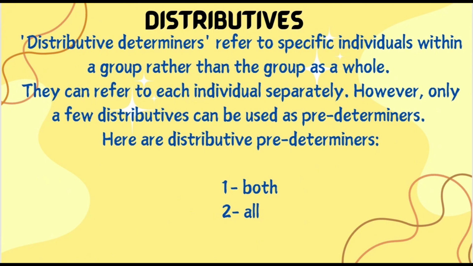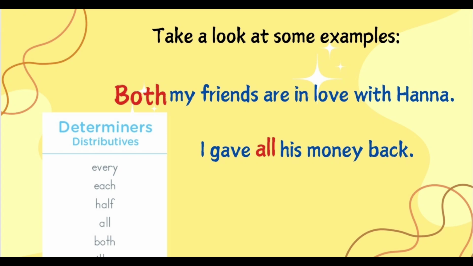But only a few distributives can be used as predeterminers. So here you can see there are two determiners, both and all, that are used as distributive predeterminers. Now take a look at some examples. Both my friends are in love with Hannah. I gave all his money back.